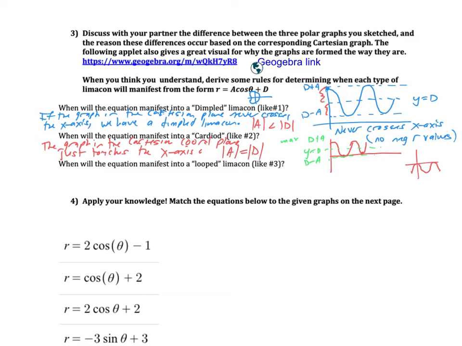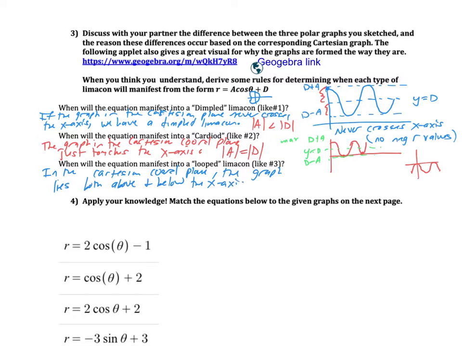Okay, when will the graph manifest into a looped limacon? So the looped limacon is going to occur when the graph crosses the x-axis in the Cartesian coordinate plane. The graph lies both above and below the x-axis.